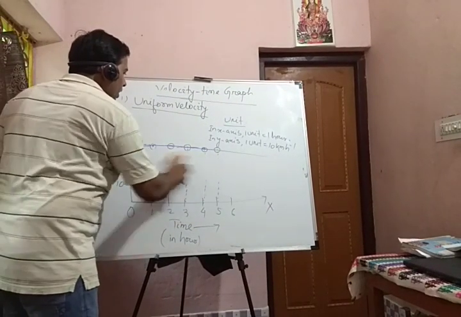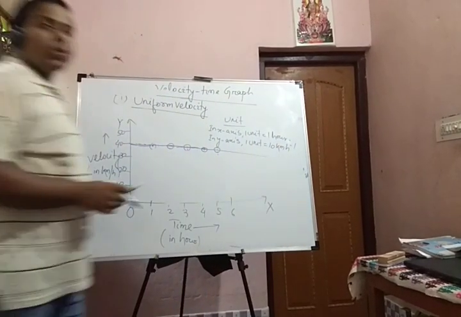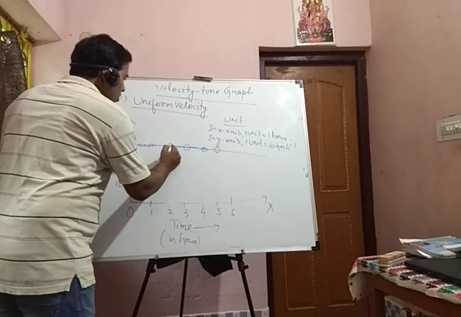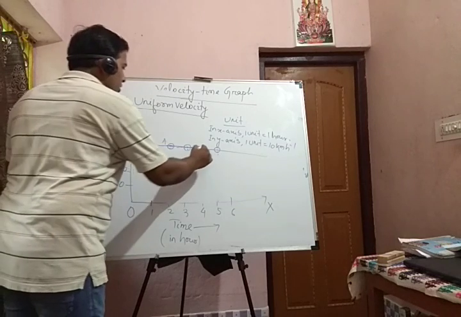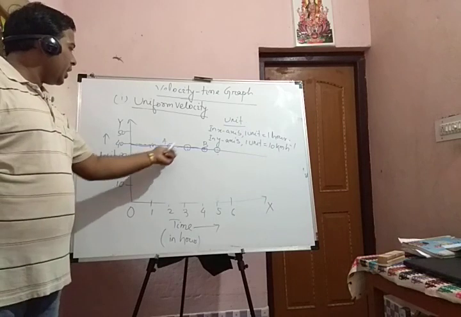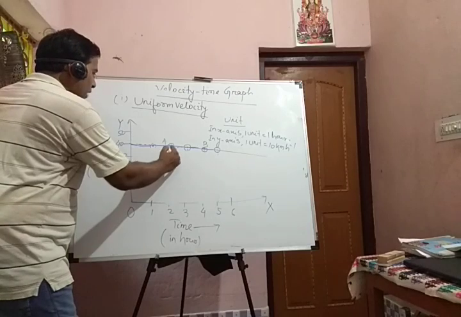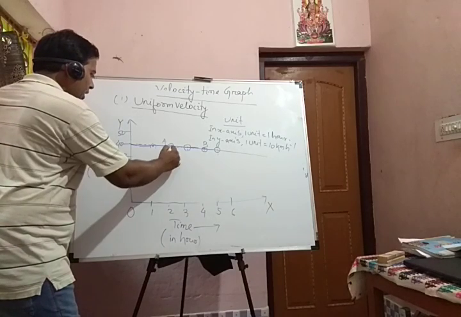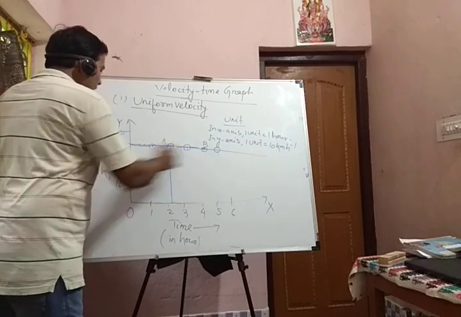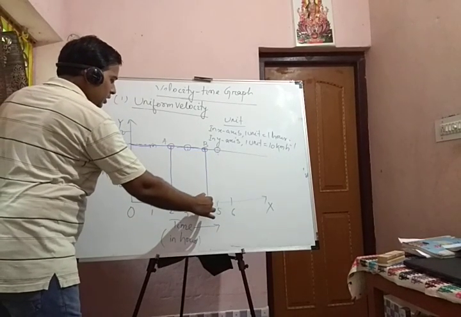Okay, we have to take any 2 points on this graph. Let us see what we can derive from this graph. Suppose here is a point A, here is a point B. Now draw a line parallel to the y-axis from point A to the x-axis. Draw another line parallel to the y-axis from B to the x-axis, like this.